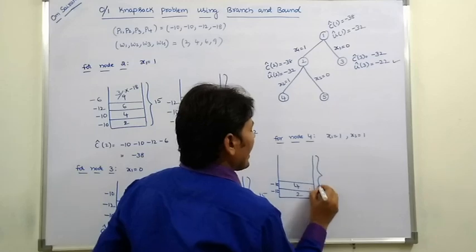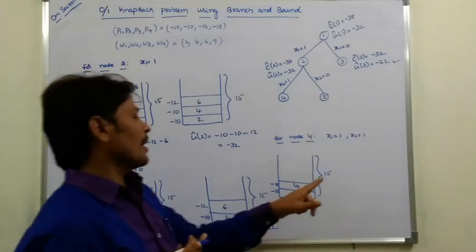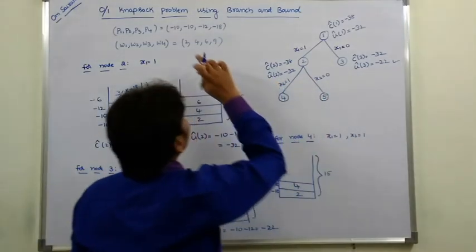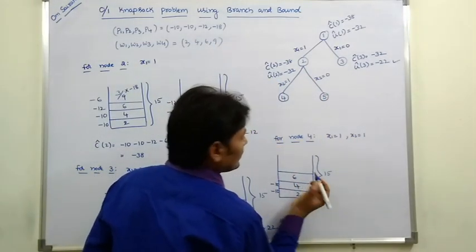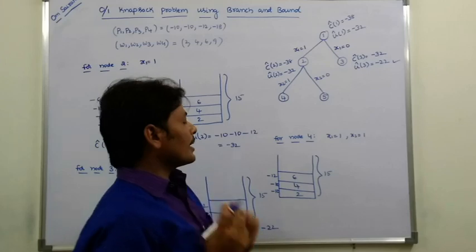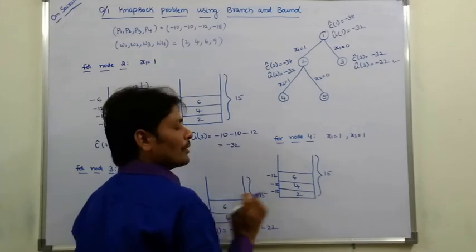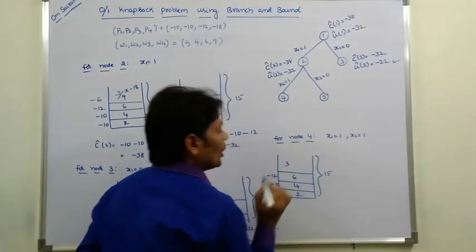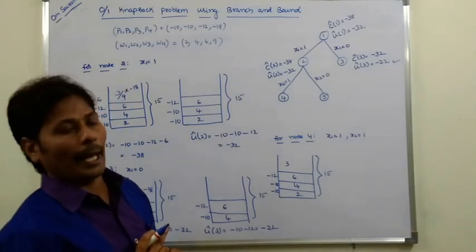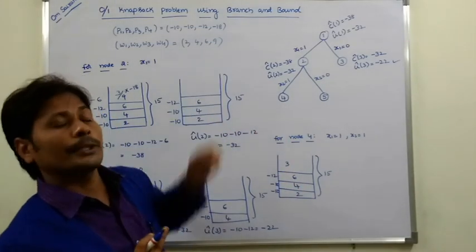The capacity of the knapsack is 15. So 15 minus 4 plus 2, that is 6. 15 minus 6, the remaining capacity is 9. Again, the third object is placed into the knapsack, its corresponding profit is minus 12. Next, what is the remaining capacity? 6 plus 4 plus 2, that is 12. 15 minus 12 is 3. So we do not place the fourth object completely into the knapsack because the remaining capacity is 3, but the weight of the fourth object is 9.